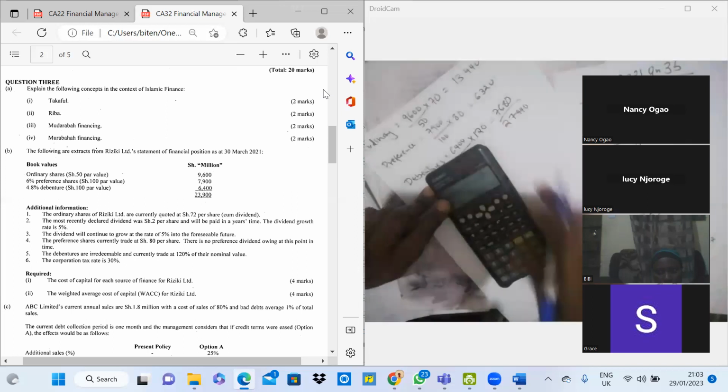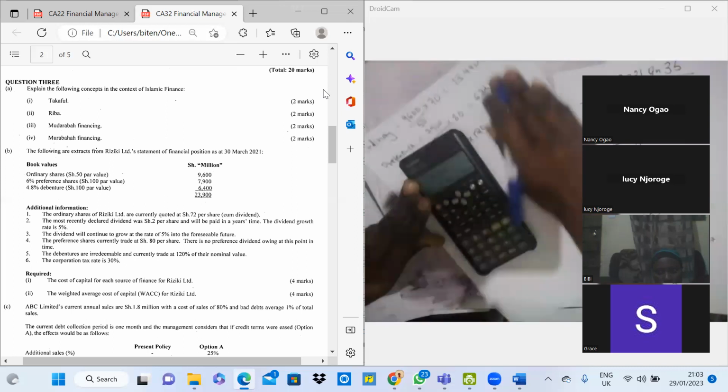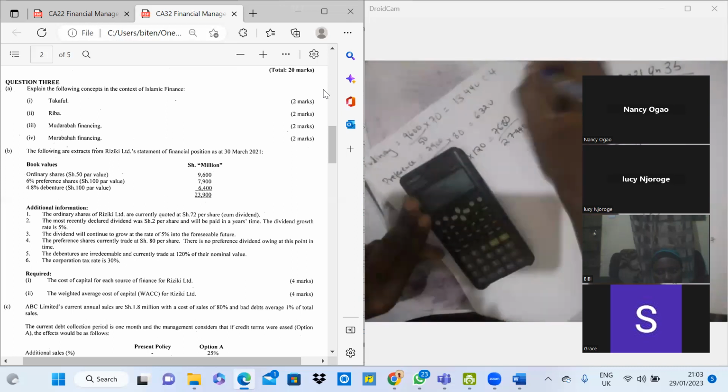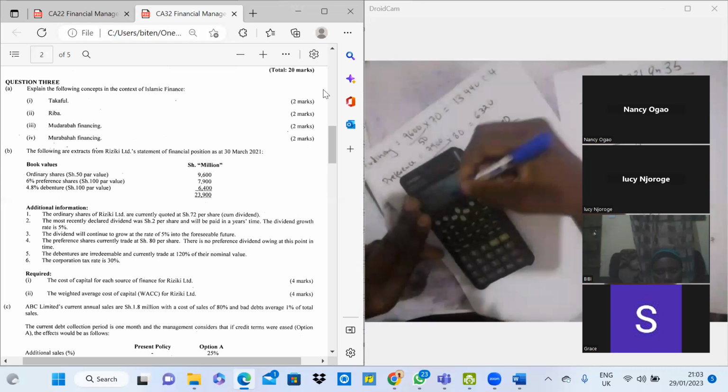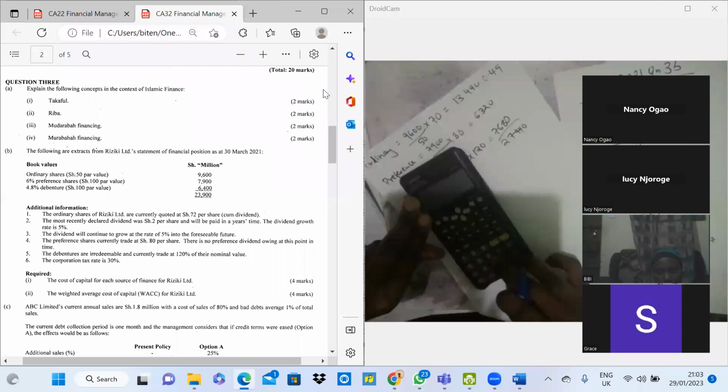Now to get the weights, we take the proportion. So this is 13,440. You divide by the answer. So this is 0.489, that is 49. 6,320, we divide by 27,440.